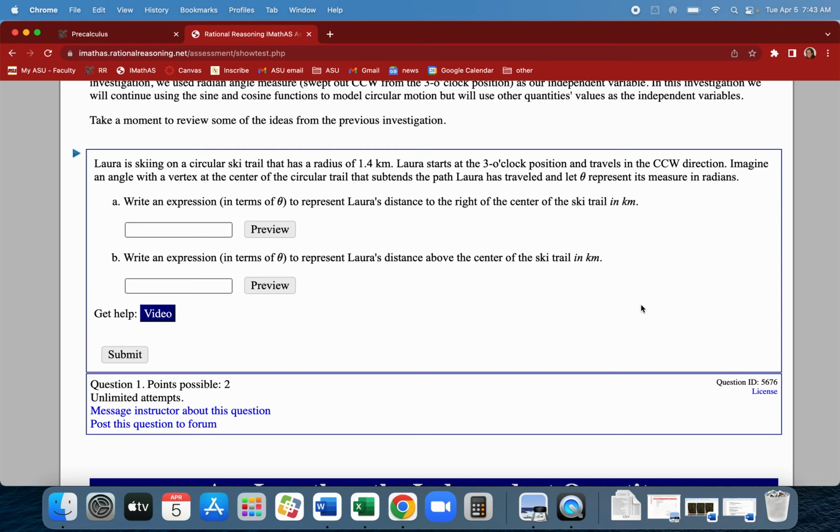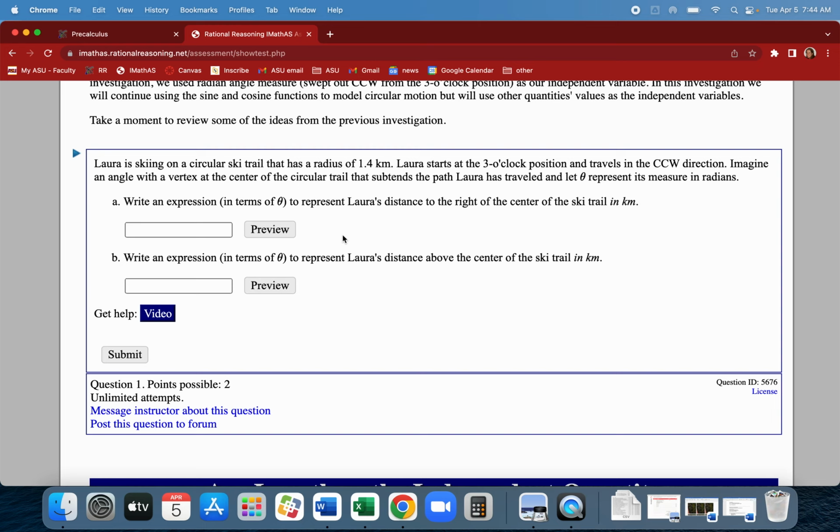So if I wanted to express her position for part A, what do we have here? This is just review. Expression for her distance to the right or left of the center, however it happens to come out, in terms of kilometers, not in terms of radius lengths. What sort of expression am I going to write for this?